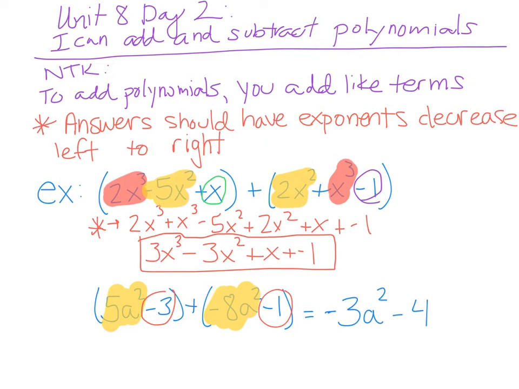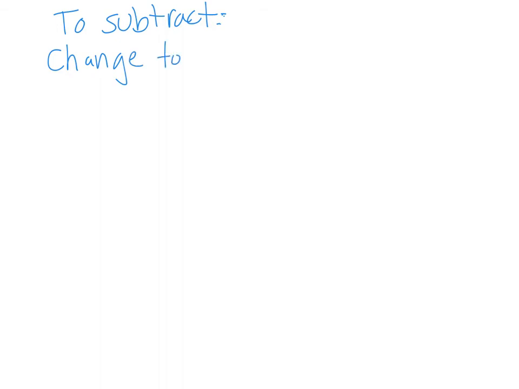Okay, so that's adding polynomials. If you need to keep writing, write that down for subtracting polynomials. I'm going to talk about this in the same way. To subtract, change to adding the opposite and combine like terms.